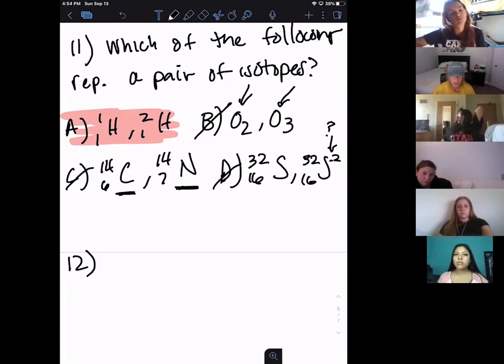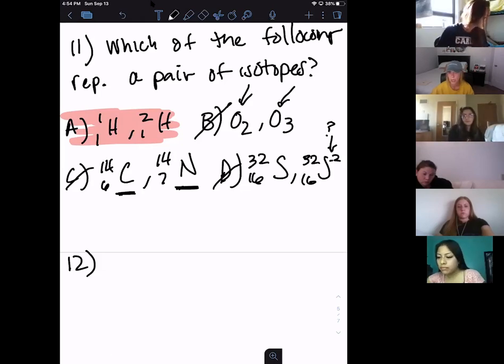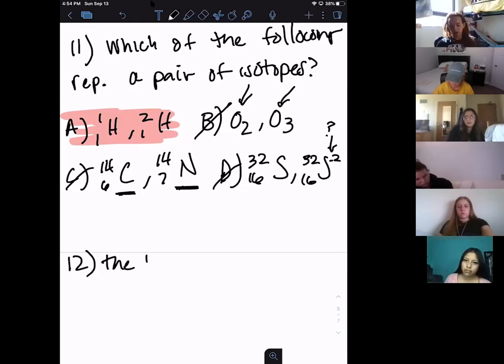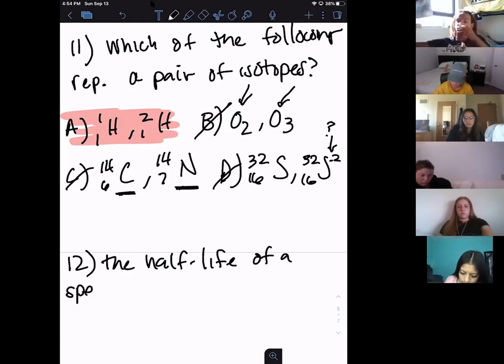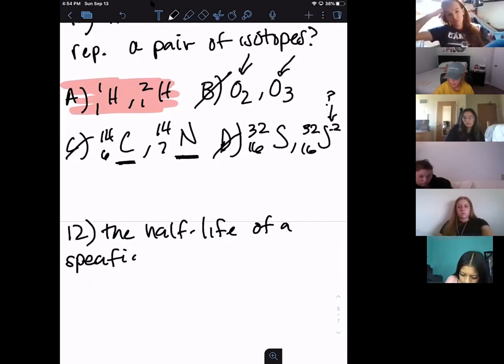All right, number 12, here we go. The half-life, now we're in radioactive decay, and we knew we were getting there. The half-life of a specific radionuclide, which you don't need to know, I'm just going to say specific X, you don't need to know that terminology, is 8 days.